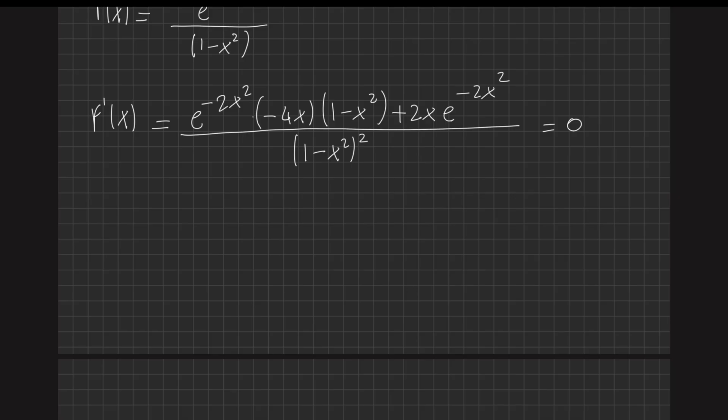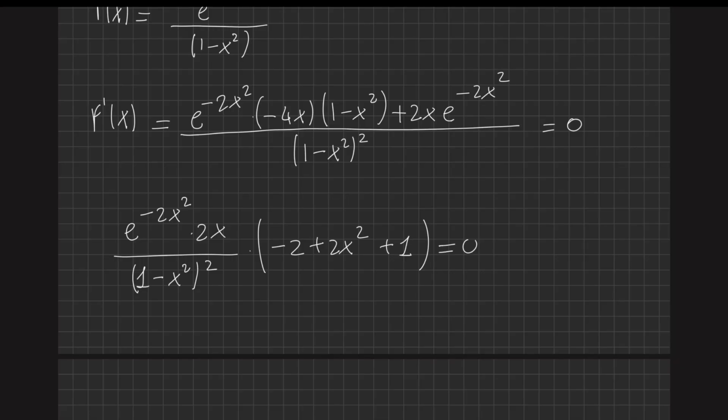We can factor the exponential part, and we can also factor the 2x terms from both of these. So we get e to the negative 2x squared times 2x, all divided by (1 minus x squared) squared, times what's left: negative 2 plus 2x squared, plus 1.